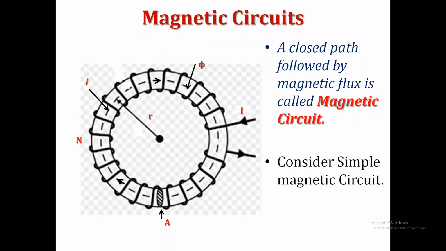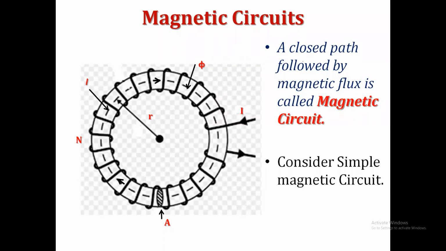One is the iron ring having a radius of R meter. Then a coil is entirely wound on that ring so that it acts like a solenoid coil. A current of I ampere is flowing through that coil. The area of cross section of that iron ring is A meter square. The length of that iron ring is L meter.